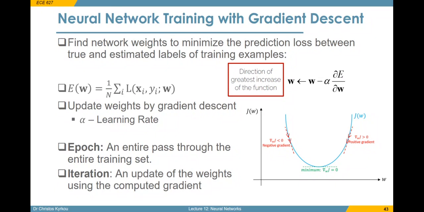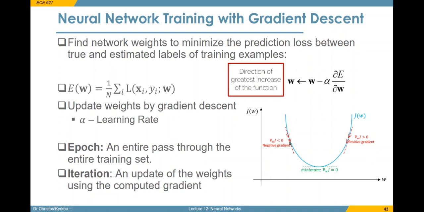So intuitively, to understand how an update in the weight changes the loss function, you can see here that we have our loss function. And at this point, if the derivative is negative, it means that we are moving towards a lower loss value.